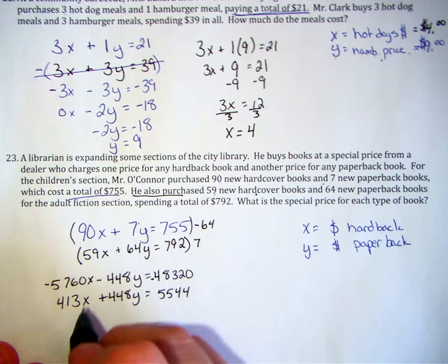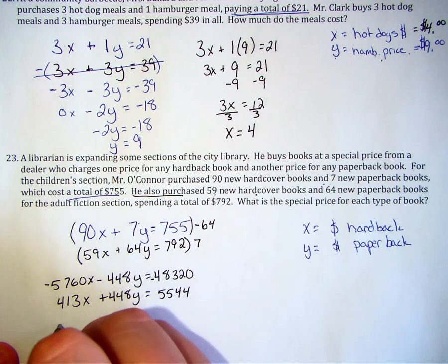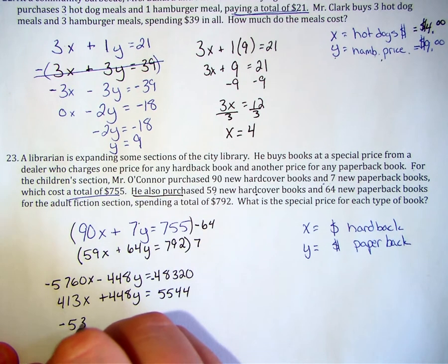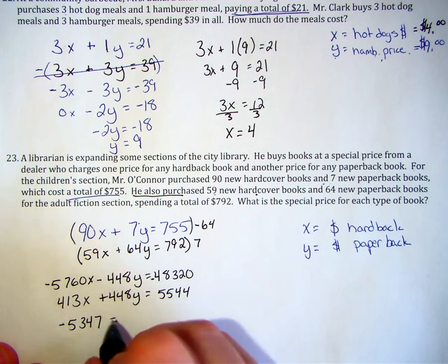Now we can see my y's cancel out, so I have negative 5,760 plus 413, which is going to give me negative 5,347x plus 0. I'm going to skip writing that.